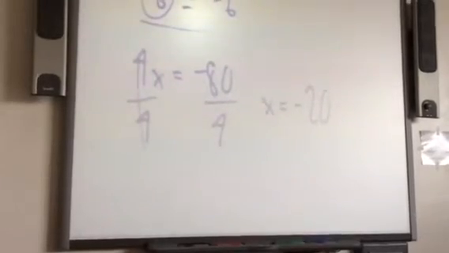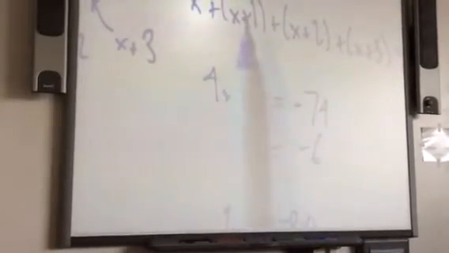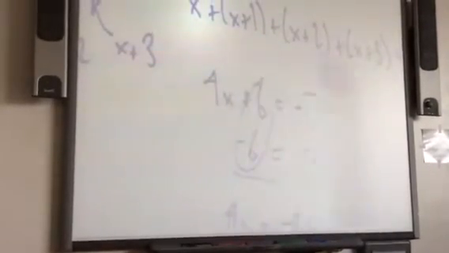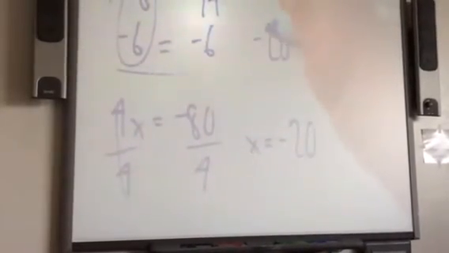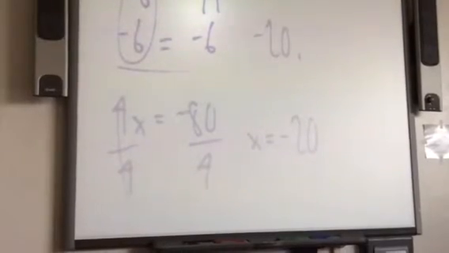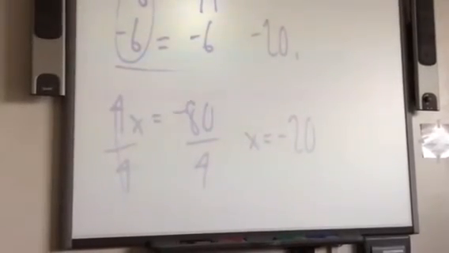Again, that's not the answer. That's just the first number in the sequence. We have these other three, x plus 1, 2, 3, totaling 4 numbers. So negative 20 is our first number. The next number would be what? This is where it gets a little tricky. What's the next number in the sequence of consecutive integers?